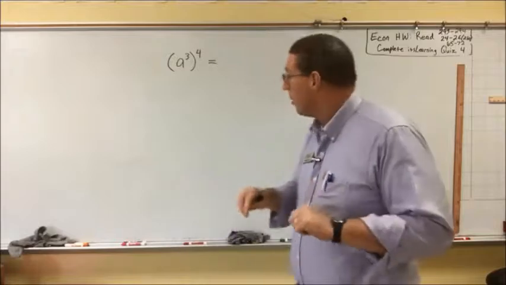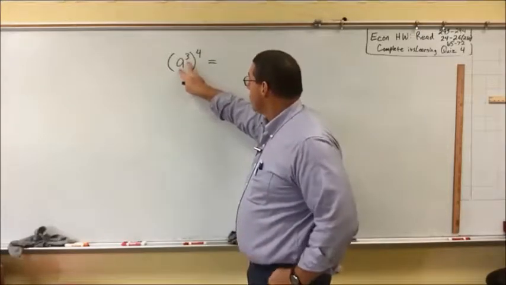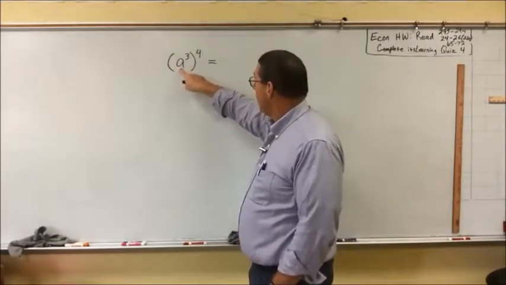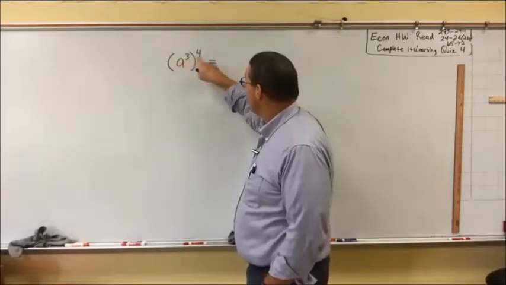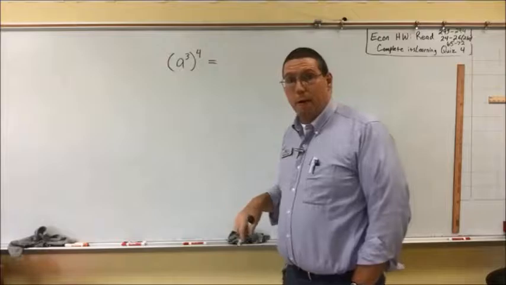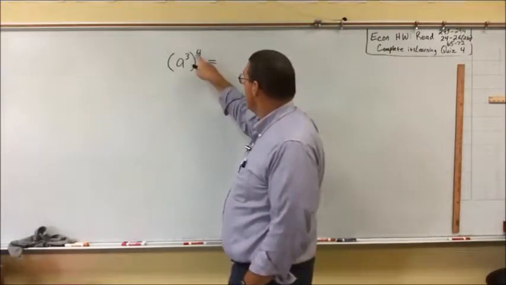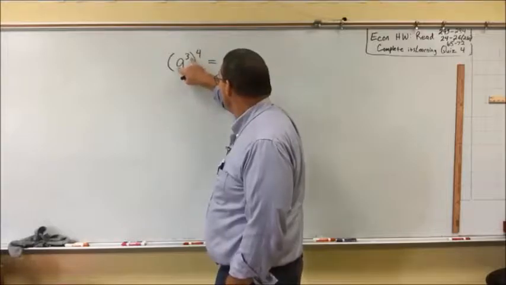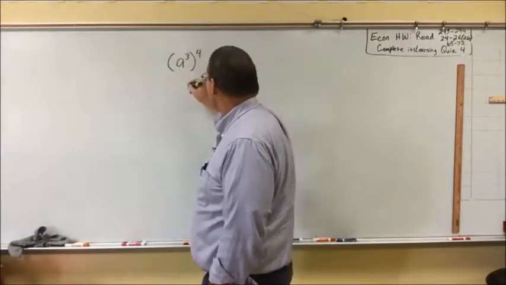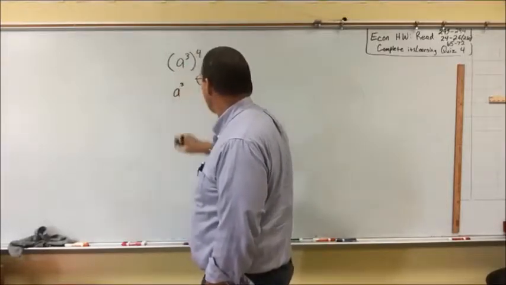That's not what we're doing here. We're doing just one base, a to the 3rd power, and then a to the 3rd power is the base of this 4th power. Okay? So here's what this means. This 4th power means that there are 4 of these. And that means that there are 4 a to the 3rd powers.